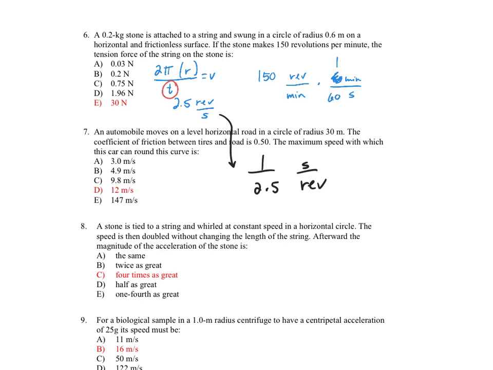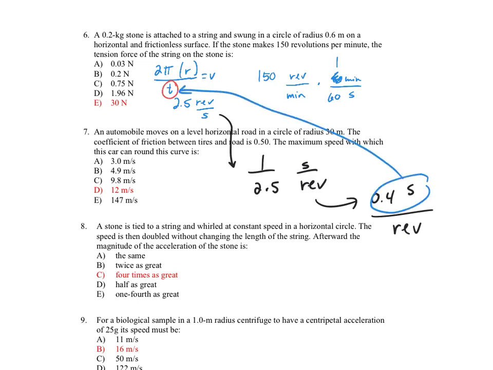You know the radius, and that'll give you v. So I saw this as 2.5 revolutions per second and thought, oh, that means it's 1 second for every 2.5 revolutions. So this number, as a fraction, turns out to be our decimal 0.4. So it's 0.4 seconds per revolution. And we wanted to know the time for every revolution.